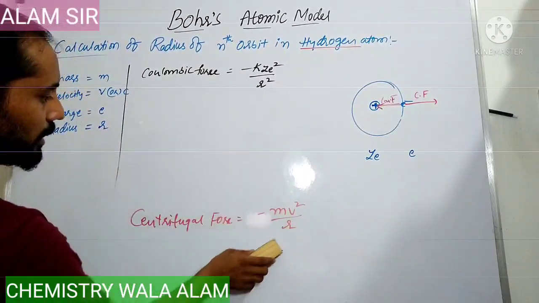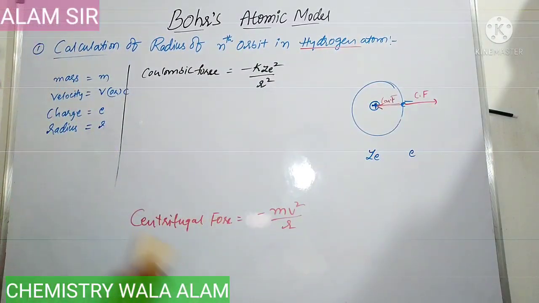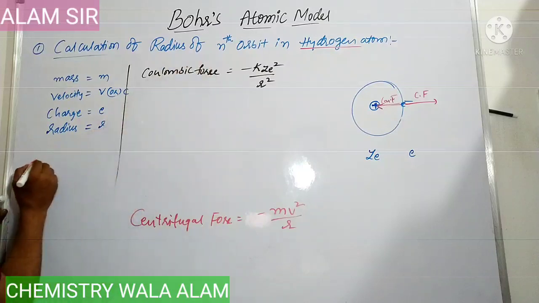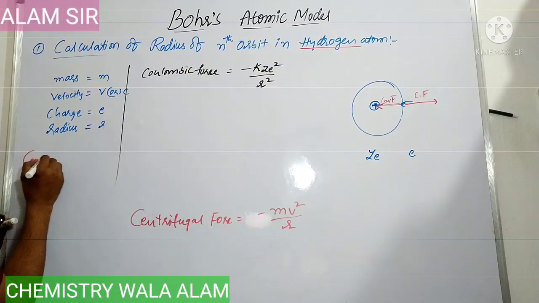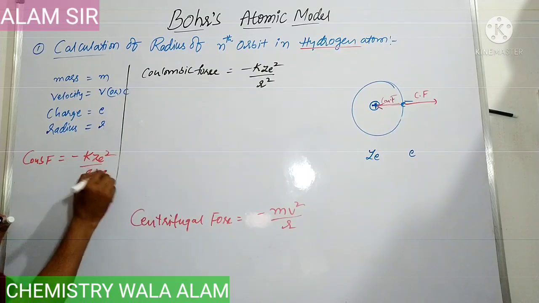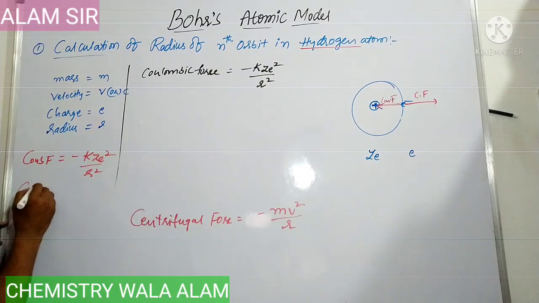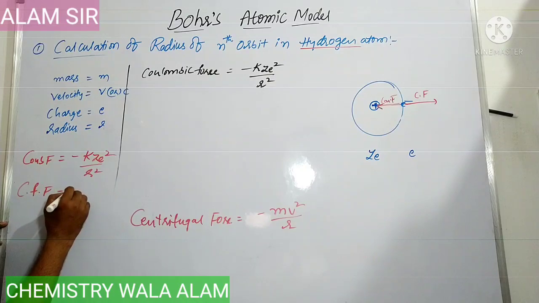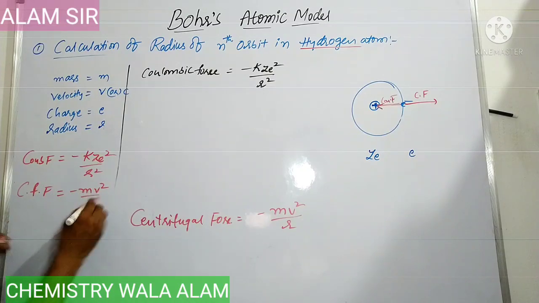What are the two forces? Coulombic force equals minus kZe² by r², and centrifugal force equals minus mv² by r.